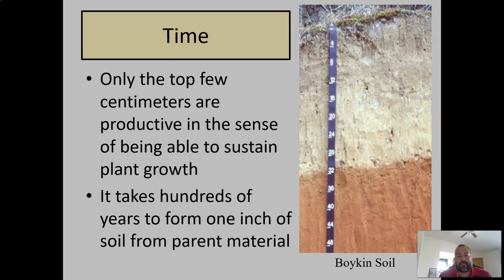Only the top few centimeters are productive in the sense of being able to sustain growth. Like I was saying, topsoil, you're talking about 6 to 8 inches where the roots usually grow. It takes hundreds of years to form 1 inch of soil from parent material.